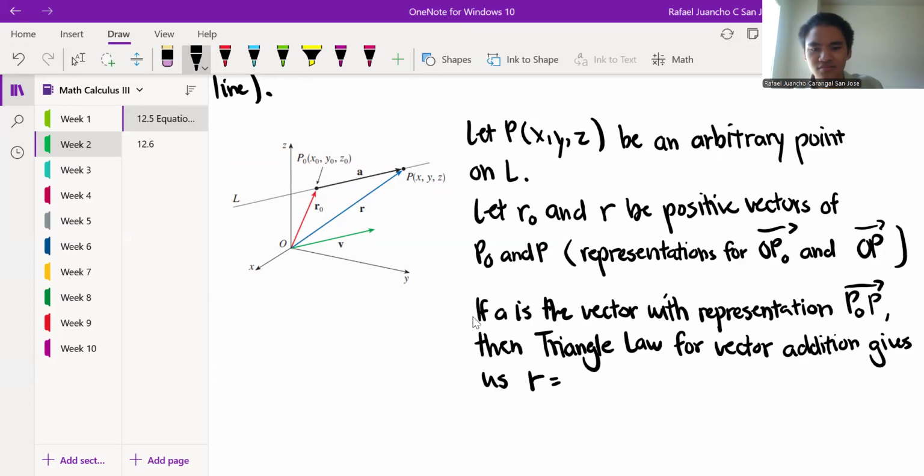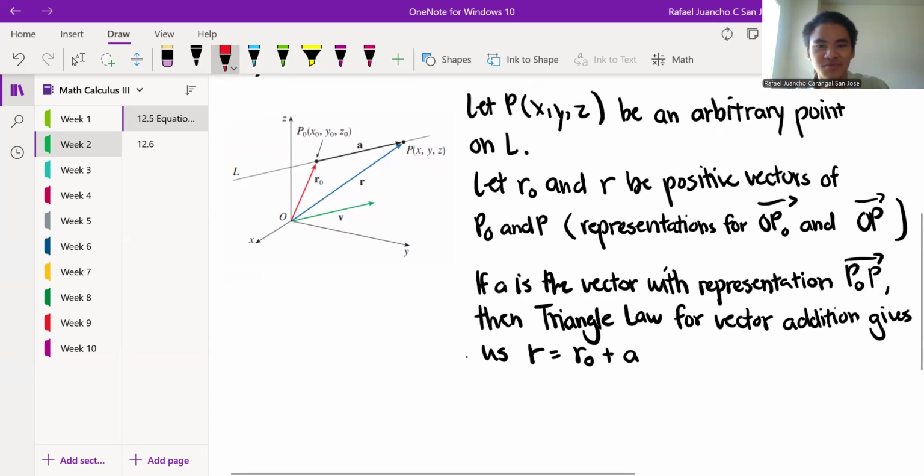R equals R naught plus A. And this makes sense, right? Because we remember that old example of mine. We start from here, we move here, we go here, which is basically equal to this thing.